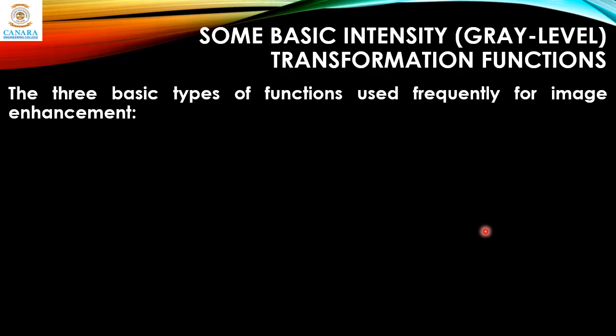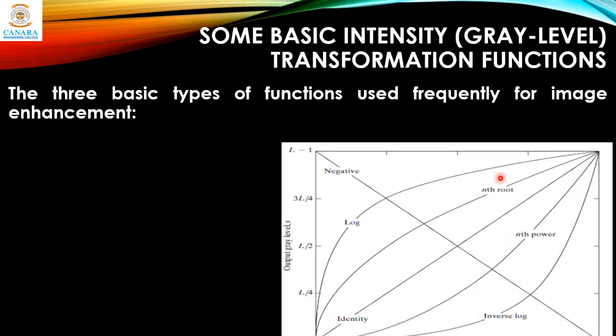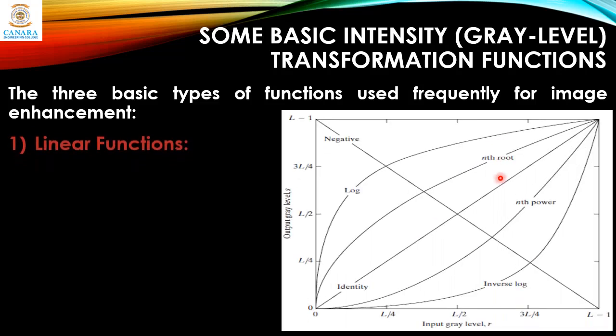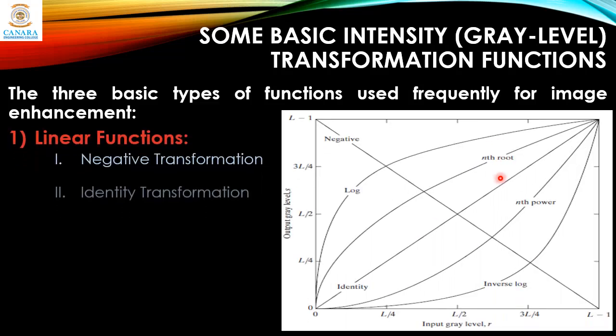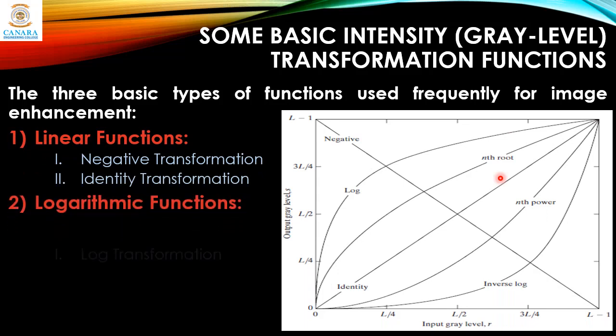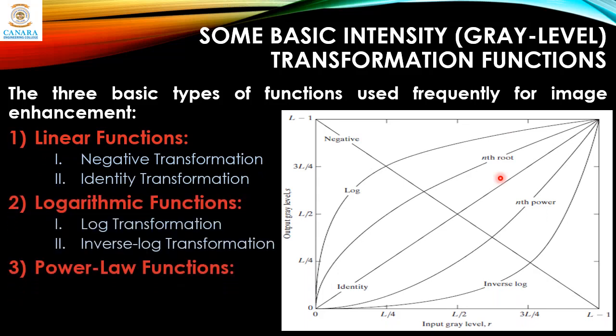Three basic types of functions frequently used for image enhancement are linear functions, logarithmic functions, and power law functions. And in this graph you can see all three functions. The linear function is given by the identity or negative line here, the negative transformation function.